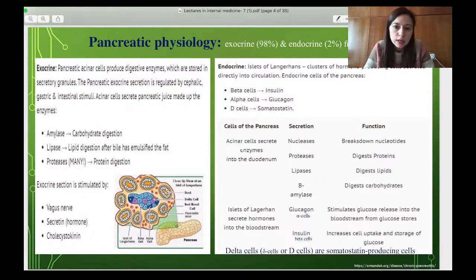And next, beta cells produce insulin, which increases cells' uptake and storage of glucose. And last, delta cells are somatostatin-producing cells.